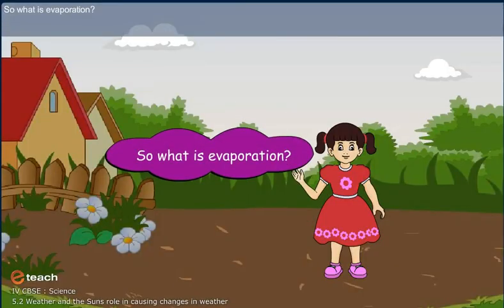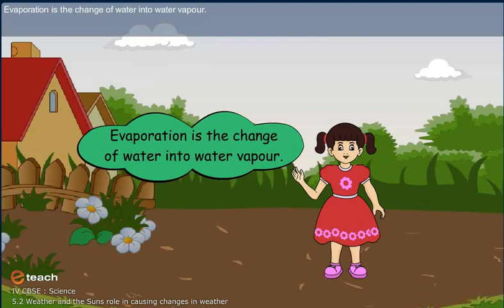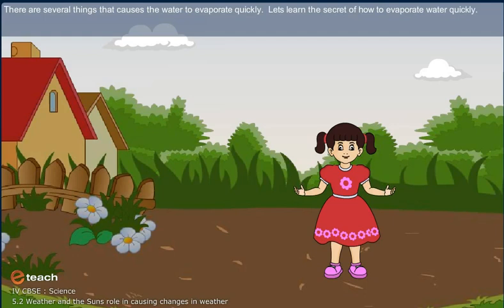So, what is evaporation? Evaporation is the change of water into water vapor. There are several things that cause the water to evaporate quickly. Let's learn the secret of how to evaporate water quickly.